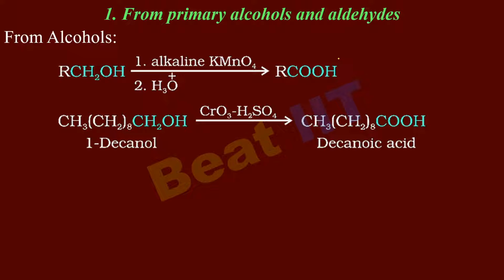The alcohols are oxidized to either aldehyde or to carboxylic acid. So primary alcohol will be oxidized directly to carboxylic acid if we use alkaline KMnO4 followed by acidic hydrolysis, or we can use chromium trioxide in acidic environment. In that case also you will get carboxylic acid directly from primary alcohols.